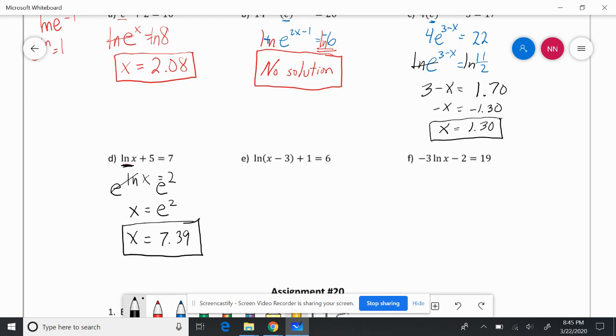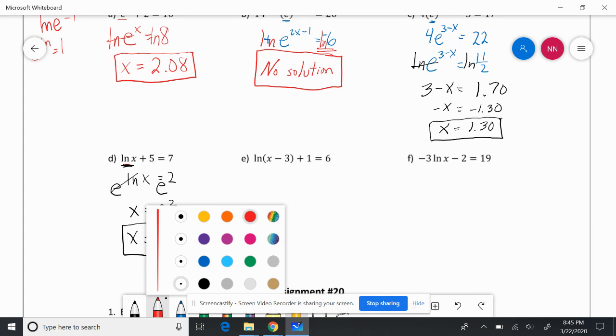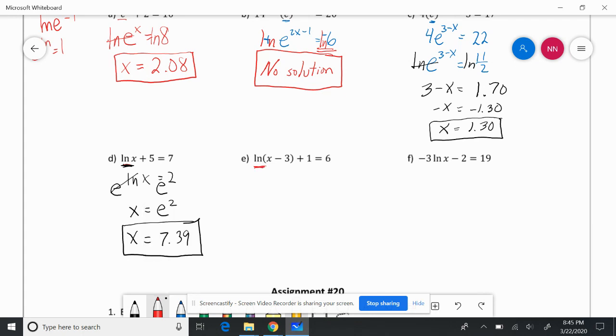Now, looking at letter E, once again, we're going to get the natural log by itself. How we get the natural log by itself is we subtract the 1. So we have natural log of x minus 3 equals 5. We're going to get rid of the natural log, so we're going to raise it to base e.